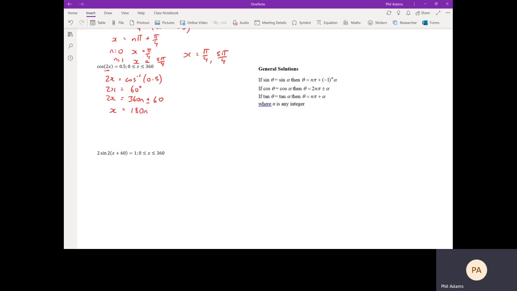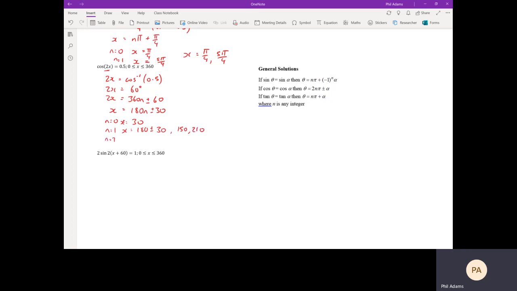So now we end up with 180n plus or minus 30, and then we can try n equals 0, and so on. That's going to be 30. Try n equals 1: x will be 180 plus or minus 30, so that is 150 and 210. They both still fit in.